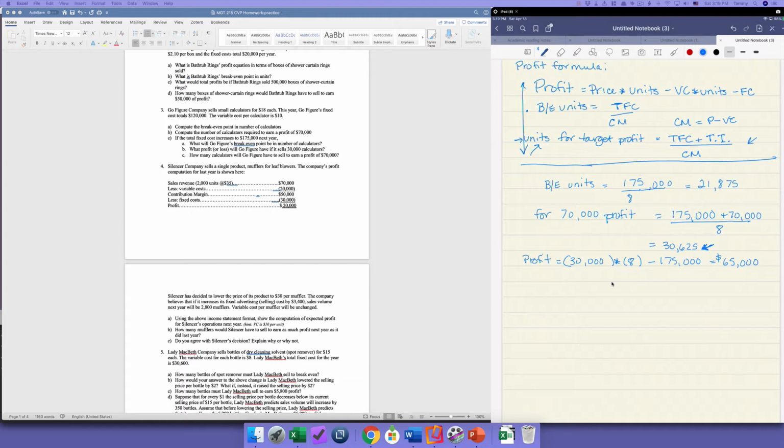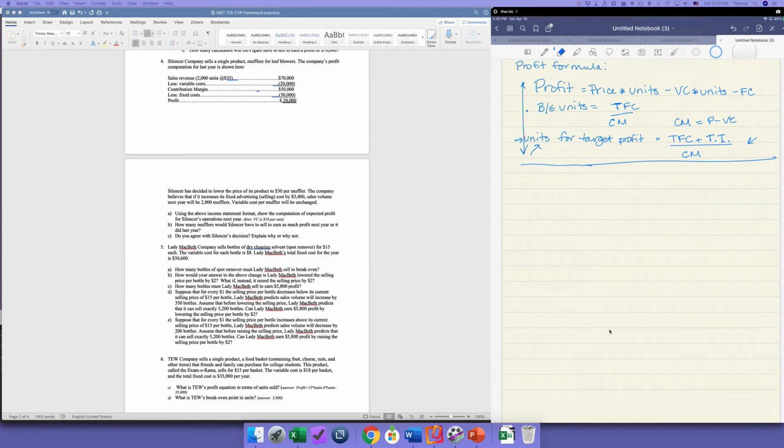Now, I'm going to pause this for a minute and do number 4. Okay, number 4 is more of the same. The only difference is that you start with your contribution margin income statement, which kind of tells you what you need to know in order to do these calculations, but it's sort of imputed.